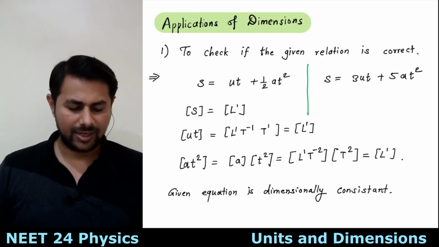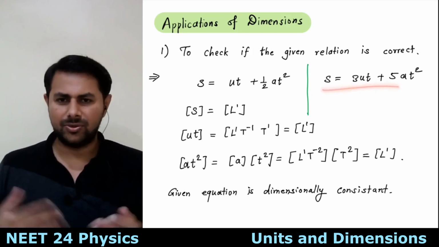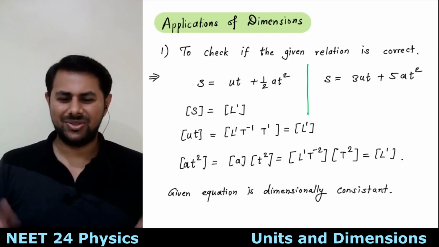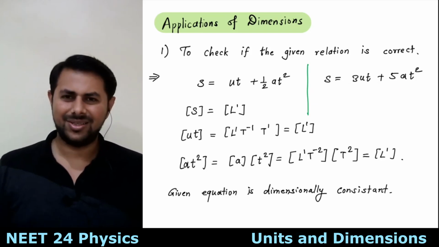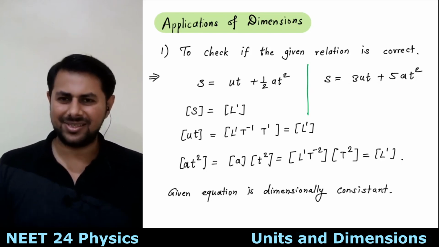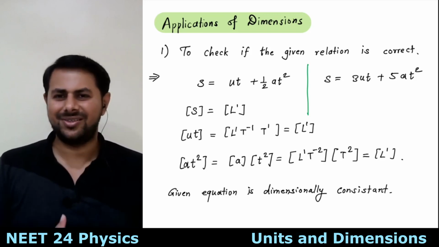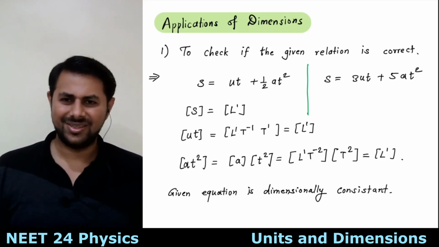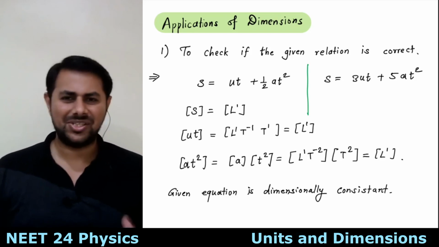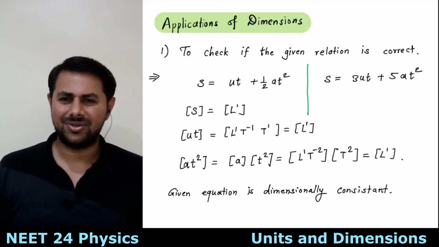That's why, suppose you come up with some discovery and you have some formula, and it makes sense dimensionally, you can say that it might be correct. Then you have to do various checks to find out whether it's correct or not.